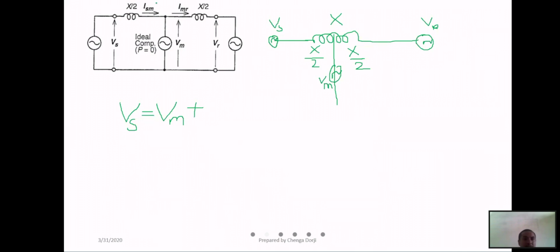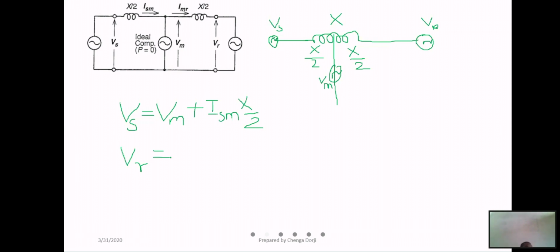Okay, so this I_SM is actually the current from the sending end to the midpoint. This equation is required later while drawing the phasor diagram, I_SM times X by 2. Then similarly, can you go for VR, the receiving end voltage?